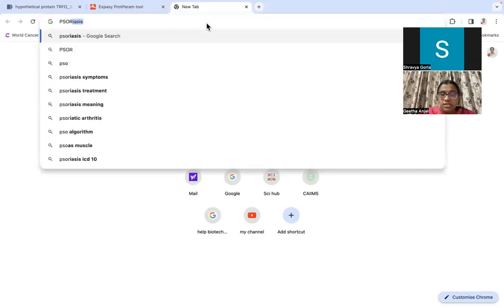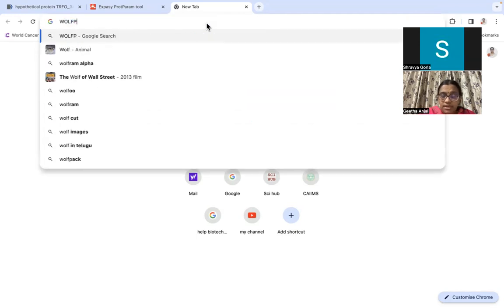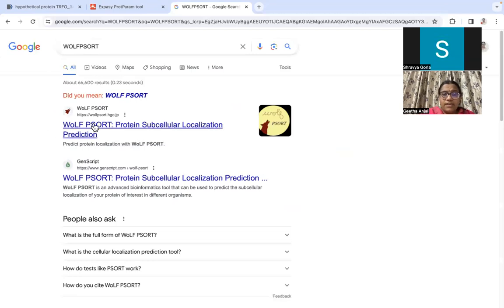The name of the tool is WoLF PSORT. WoLF PSORT is a freely available tool for protein subcellular localization prediction. What is subcellular? A cell will have a nucleus, cytoplasm, a cell membrane and several other organelles, right?